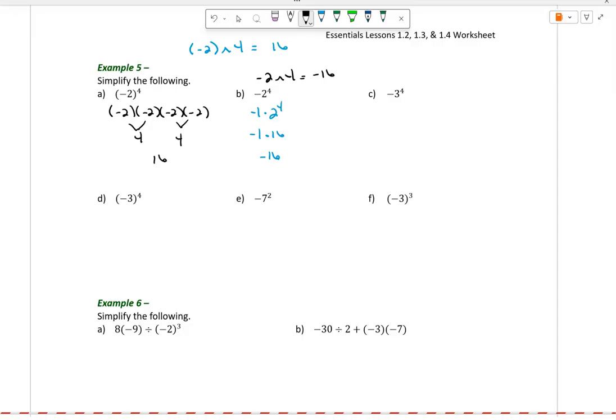Good, bad, indifferent? So letter C. Am I going to have a positive or negative solution out of that? Negative, because it's negative 1 times 3 to the 4th, right? So it'd be negative 3 times 3 times 3 times 3. So yes, negative. I think we had that one earlier too. Negative 81. So letter D, positive or negative?